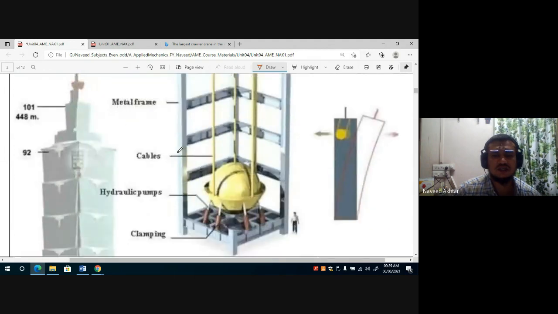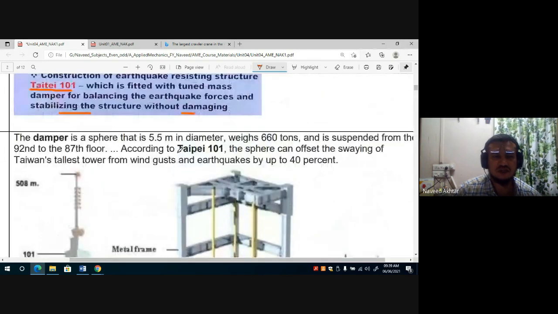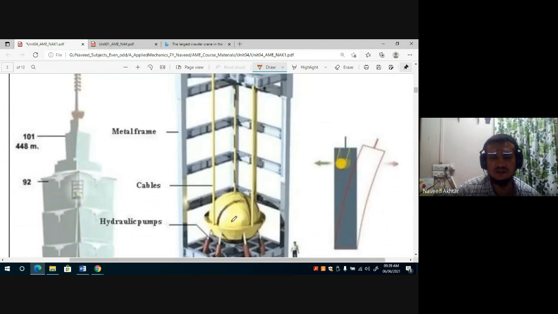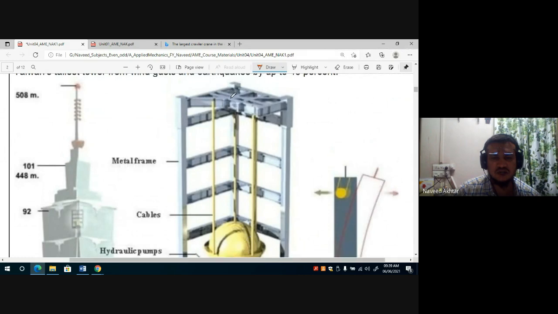You can see here inside the Taipei building there are around 101 floors, and from the 87th floor a 5.5-meter diameter spherical damper with a weight of 660 ton is suspended like this. You can see it is supported by cables.